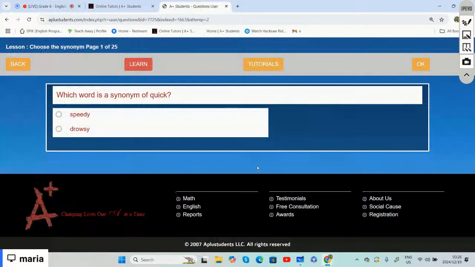So quick, what is the synonym of quick? Is it speedy or is it drowsy?